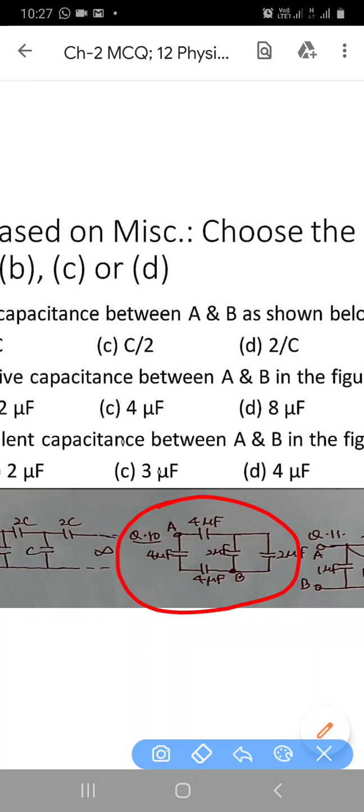The circuit is given here, handwritten. So, 2 microfarad and 2 microfarad, this one will be in parallel. So, the equivalent will be equal to 4 microfarad.